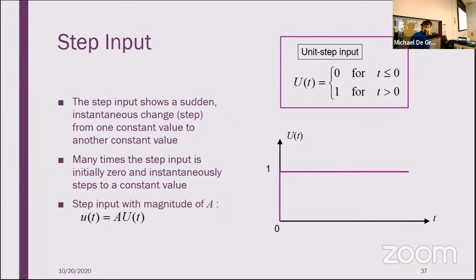A step input with a magnitude of A is just the unit step times the magnitude A. So you're going to see that the way that we define a lot of these inputs is we define them as the unit step or the unit ramp or the unit version, and then we just multiply by some constant to get to wherever we need to be. And so that's a step. Everybody's seen a step before. Cool.